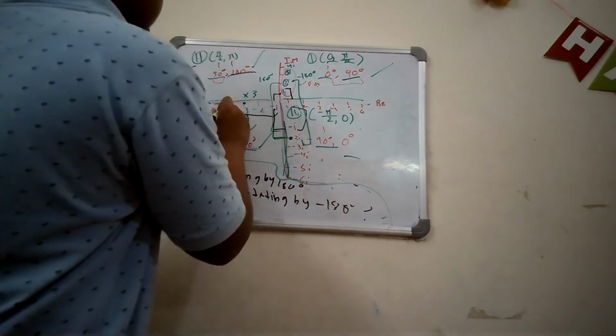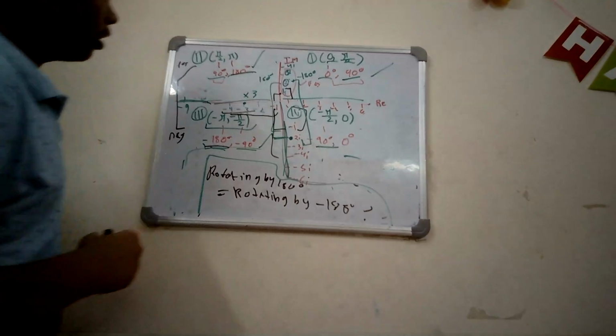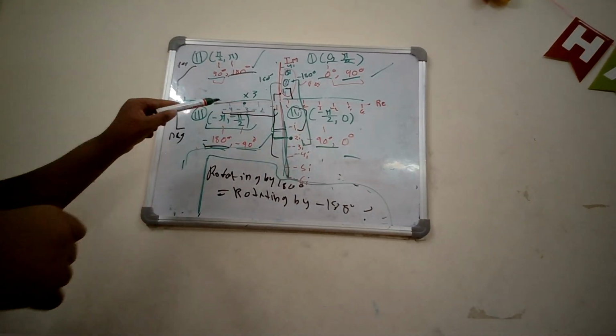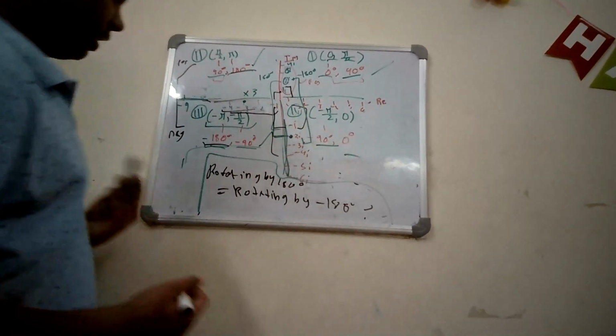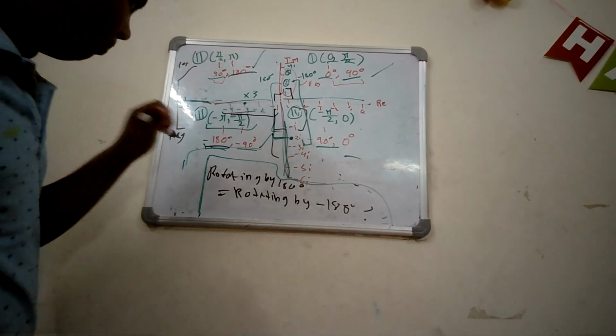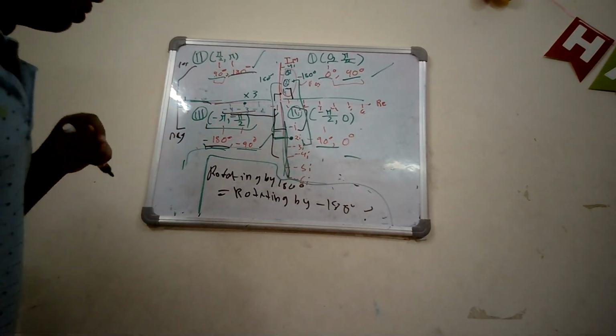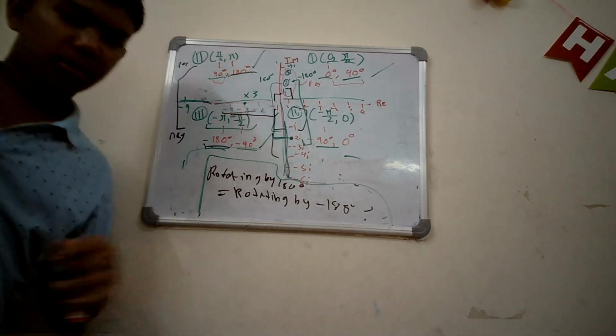Look, this is negative, this is negative, and this is positive, but this is negative. So we can't say positive 180 degrees, because obviously then the argument will be wrong.